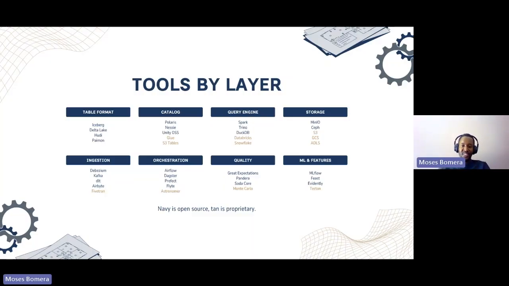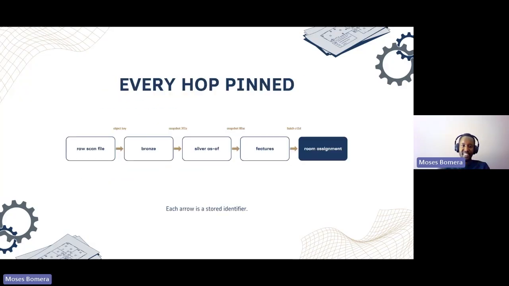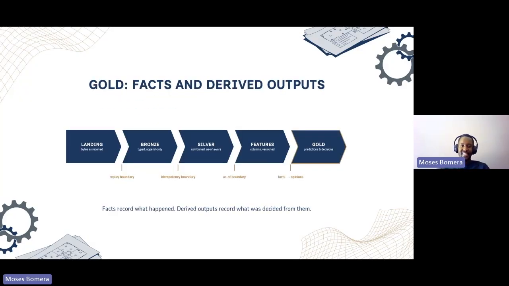Then you need orchestration. So we saw different layers. When data hits the landing, something has to be watching that landing to know to move it from landing to bronze. Same thing happens with bronze. Something is watching and it knows what it needs to do with that bronze to do the deduplication, etc., to prepare this data for silver.